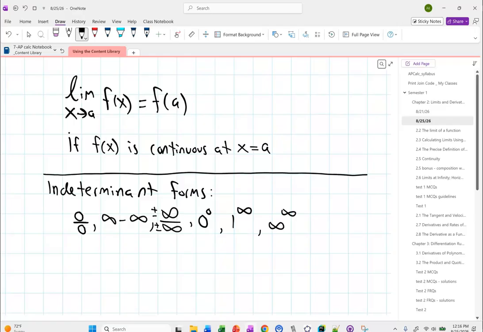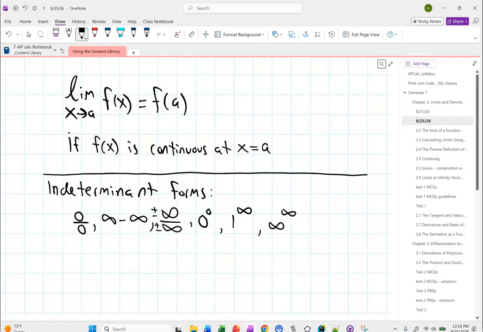An indeterminate expression means that I can write out a limit problem where if I do a direct substitution, I get 0 over 0, but that limit could be equal to anything I want. I could construct a problem where the direct substitution gives 0 over 0, but the limit is 1, or I could write a new problem that gives 0 over 0, but the limit is 2, or 3, or 4.